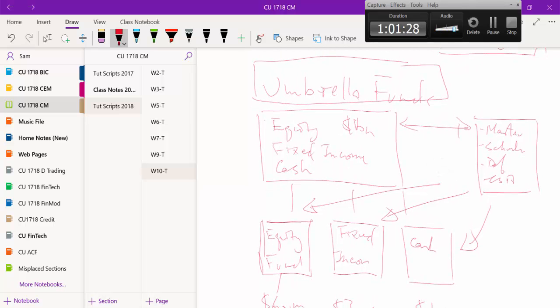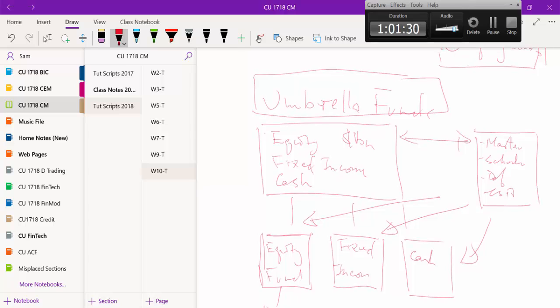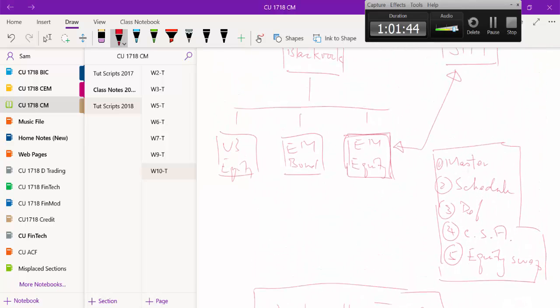Okay? It's like you divide your house into different rooms, but I don't care how you divide your house. I'm just renting the whole place. So that is another possibility.